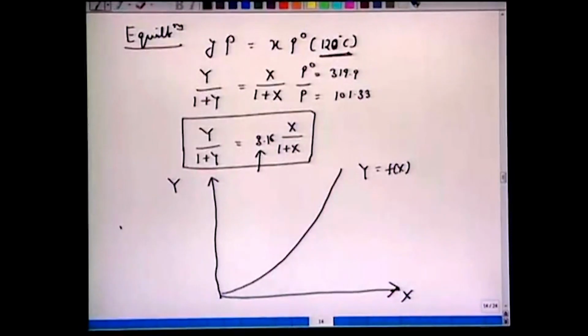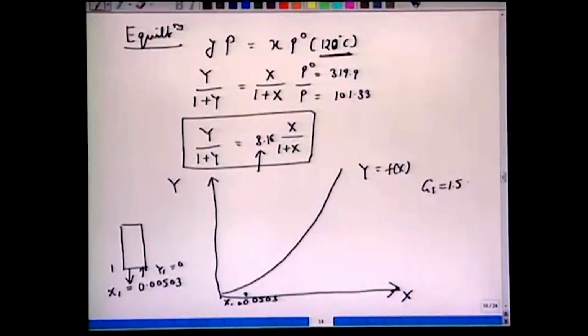If you recall, in this desorption column we know the concentration x1 of the liquid at the exit, because this fluid is going to be sent back to the absorption column, and this x1 was given as 0.00503, and the solvent is pure, so y1 is 0. So we can mark this point here, x1 equal to 0.00503. All right. Now what is given to us is that GS is 1.5 times GS min.